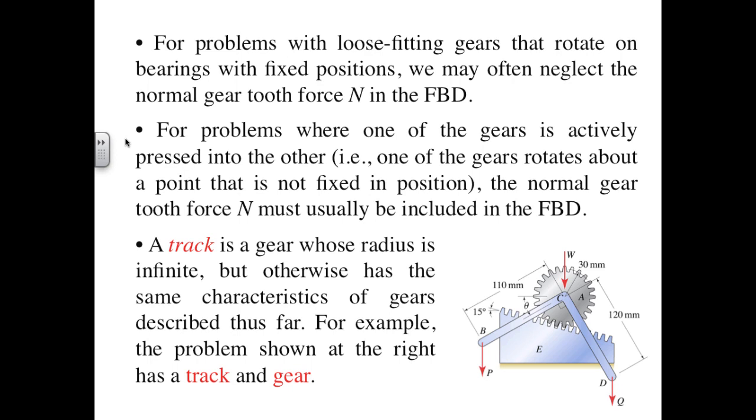In this case, the small gear is not supported by anything, so its only means of support is through the interfacing gears on which it's sitting. The illustration shown on this slide refers to the track as analogous to a gear with an infinite radius. Although this seems like a contrived example, there is an important class of problems like this in the rack and pinion steering mechanisms in cars and trucks.